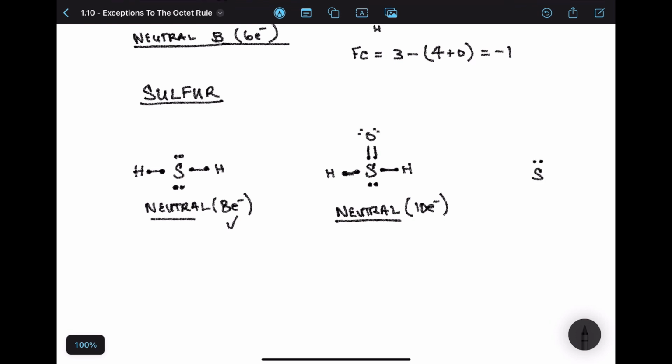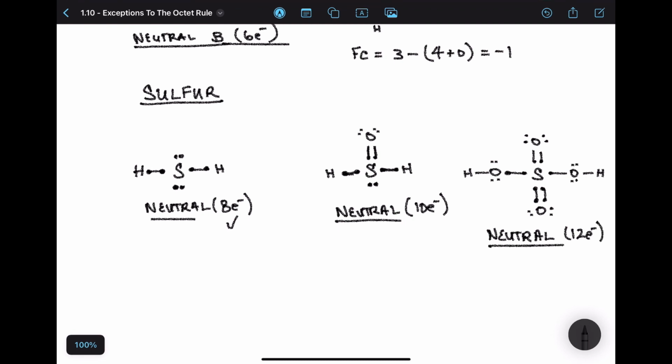Now I'm going to do the same thing here. I'm going to put the 6 valence electrons around sulfur, but this time I'm going to go ahead and add an oxygen, and you've seen this molecule several times before, H2SO4, and this has 12 electrons.